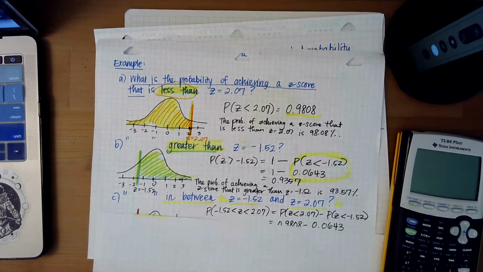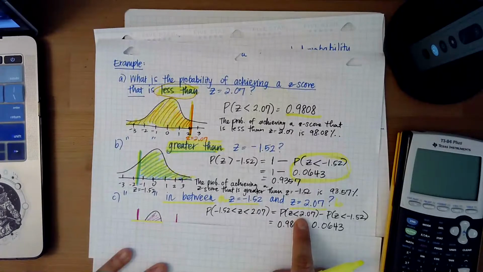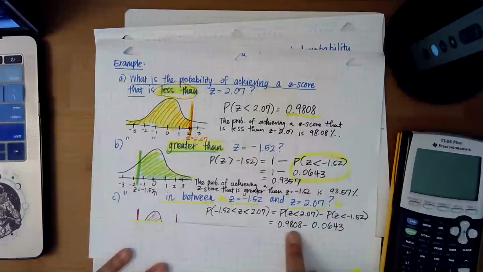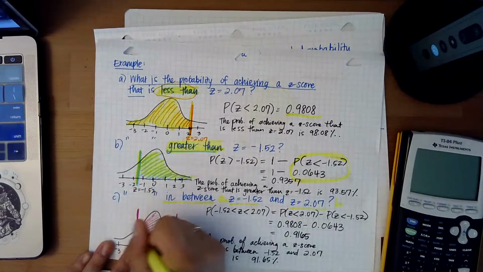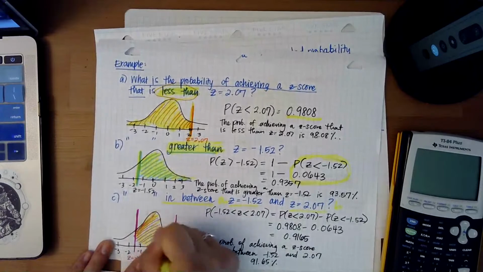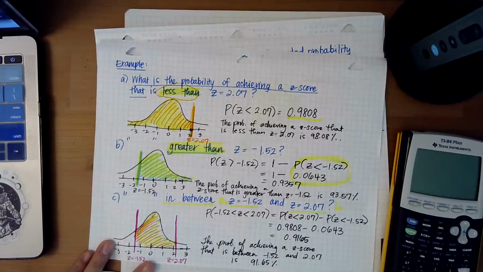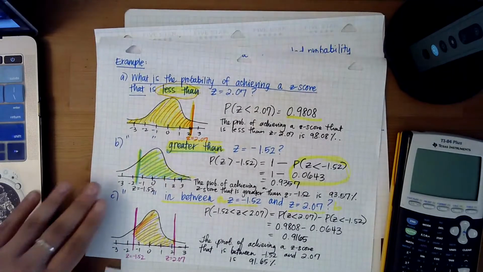Okay, so again, to find this in-between, I take the left-handed probability of the larger z-value subtracted by the left-handed probability of the smaller value. So taking these two values, I get 0.9165. Draw it out as well. So remember, here's my drawing. And the probability of reaching a z-score that is between negative 1.52 and 2.07 is 91.67%.